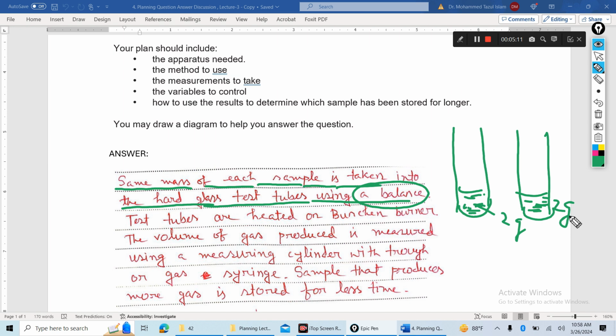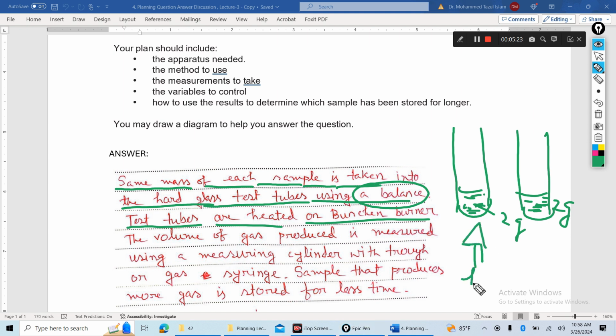Then the test tubes are heated on a Bunsen burner. This test tube you give heat. Then this will produce carbon dioxide gas.